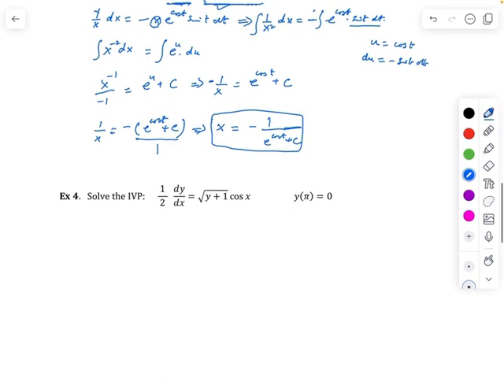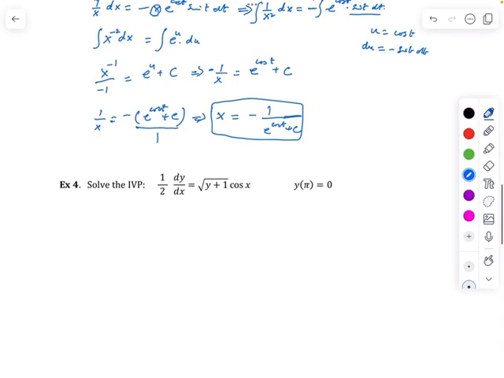So we can see it's separable. So we can move the 2 on that side and dx. So I'm going to write this equation as dy equals two times square root of y plus 1 cosine of x dx.